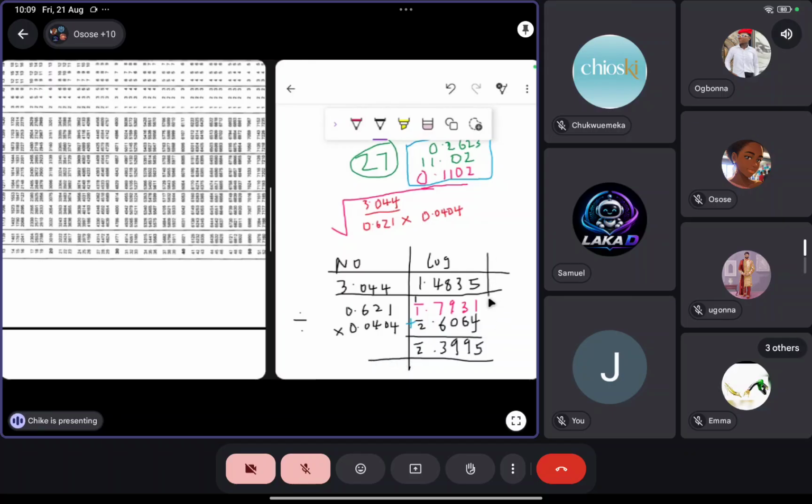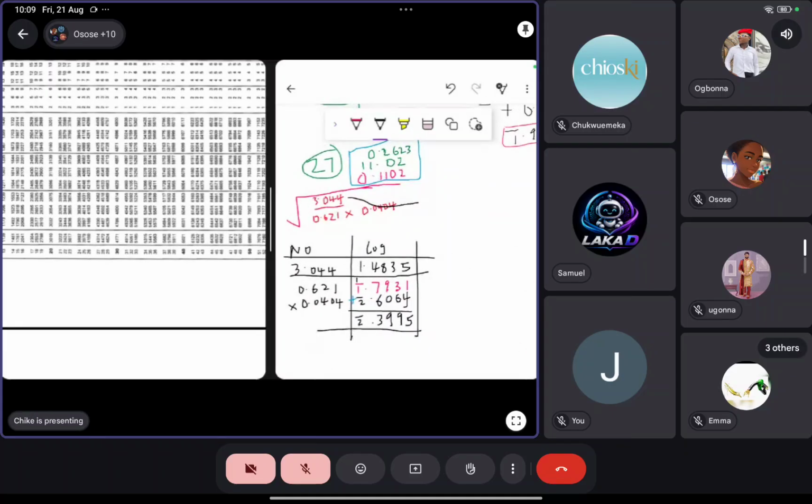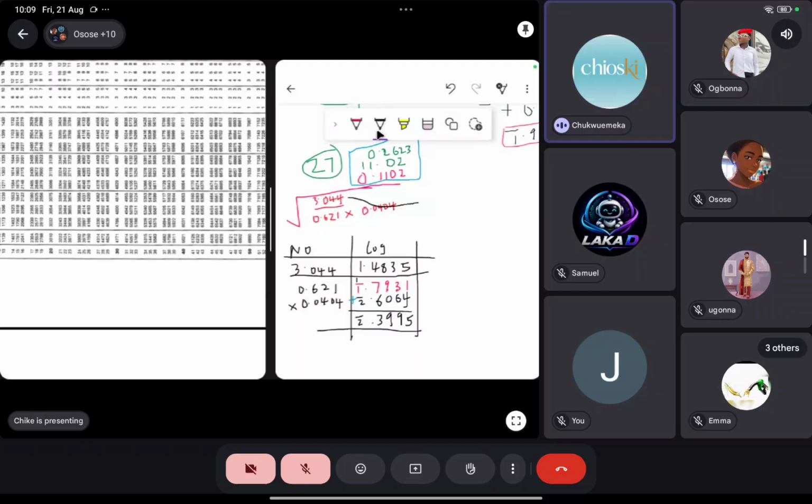What we need to do is just numerator divided by denominator. So let's do that over here. The numerator is 1.4. How will bar 1 plus bar 2 give us bar 2?